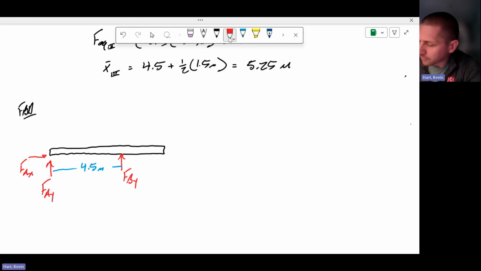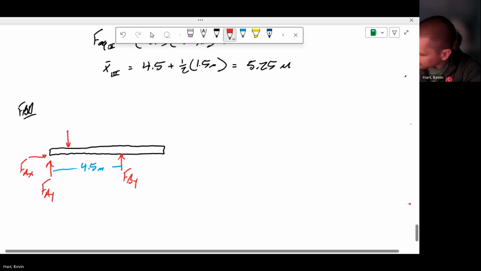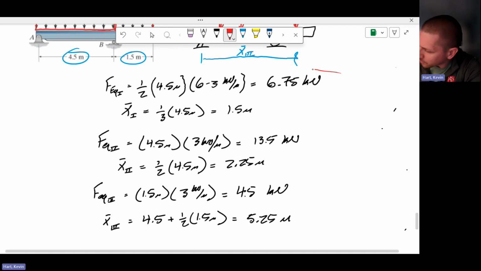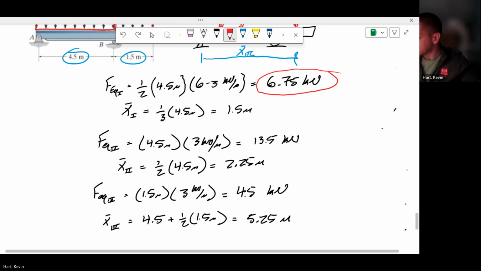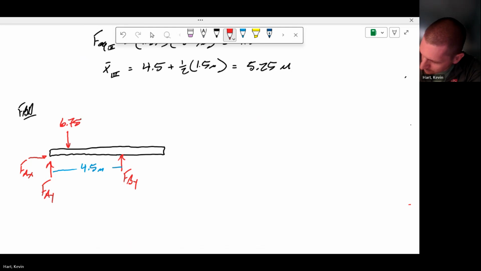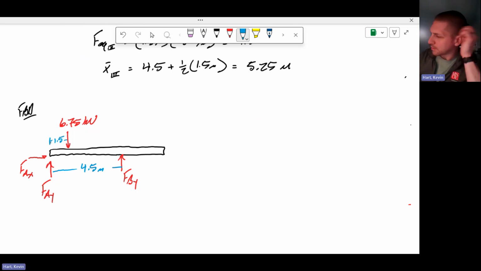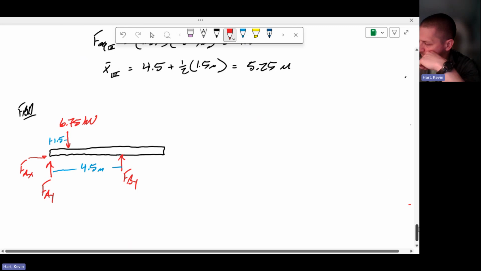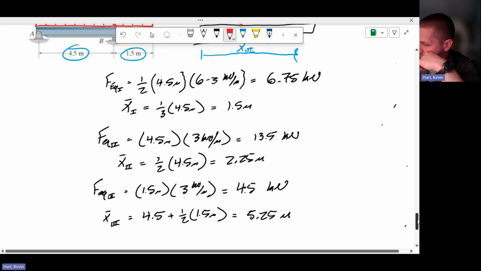And let's start putting our equivalent forces in. The first equivalent force is from the triangular load. That's this guy, 6.75 kilonewtons, and that's 1.5 meters from the left. The second equivalent load is from the larger rectangle.